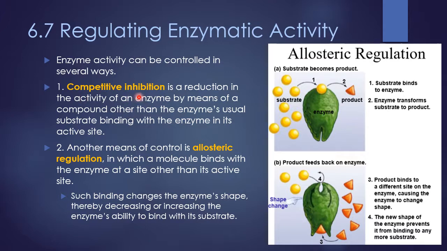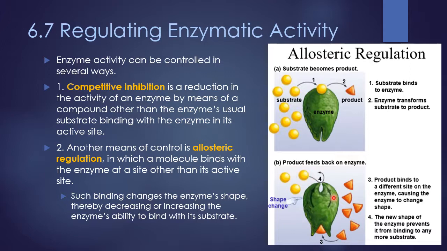Another way of controlling the enzyme is by allosteric regulation, and this is where something goes into another spot on the enzyme, such as the product that the enzyme created. It goes into another end, and that changes the shape of the enzyme, so the substrate doesn't fit into it anymore.